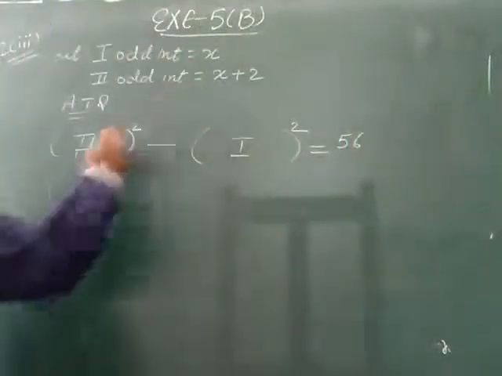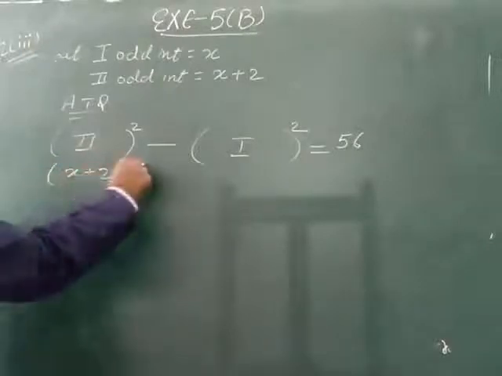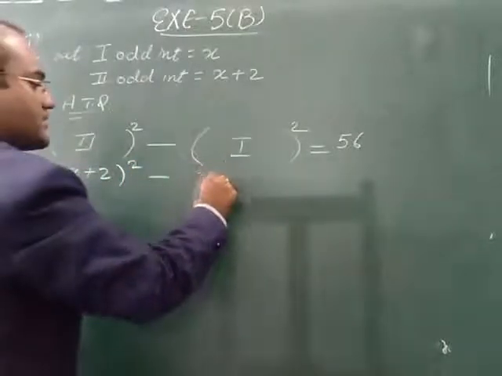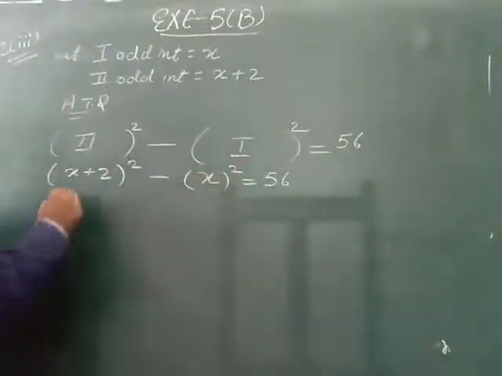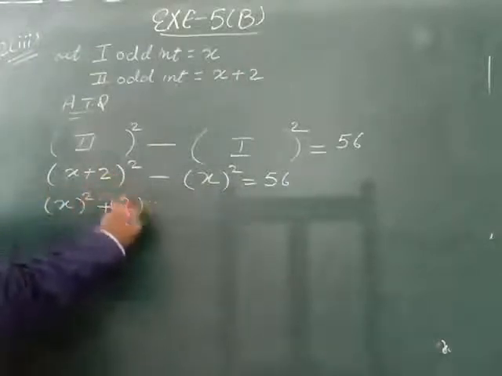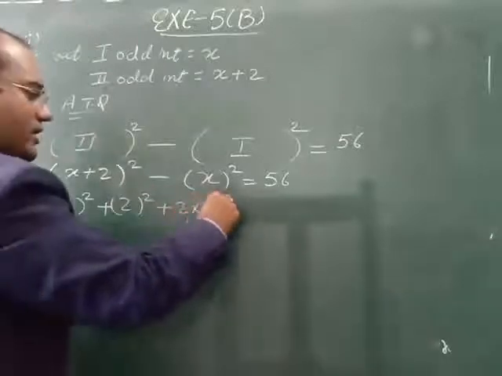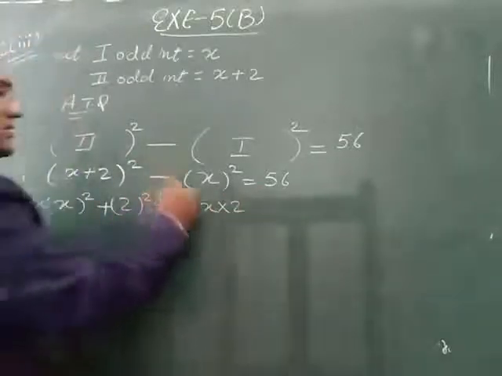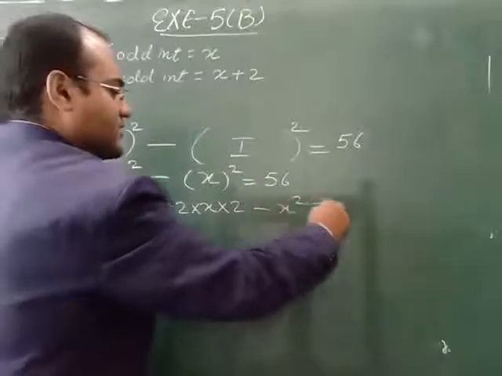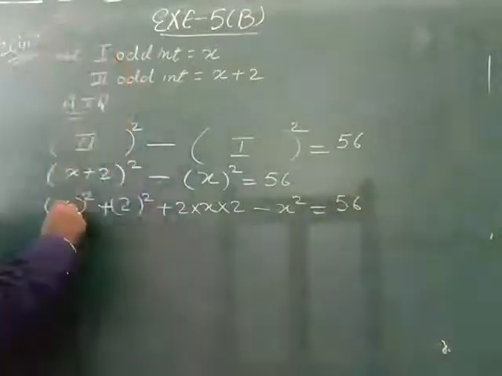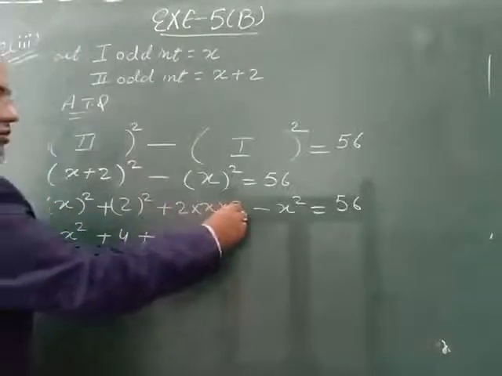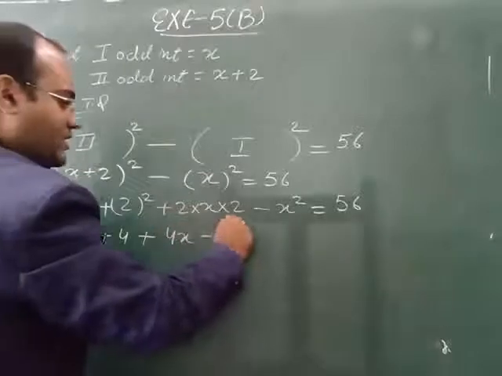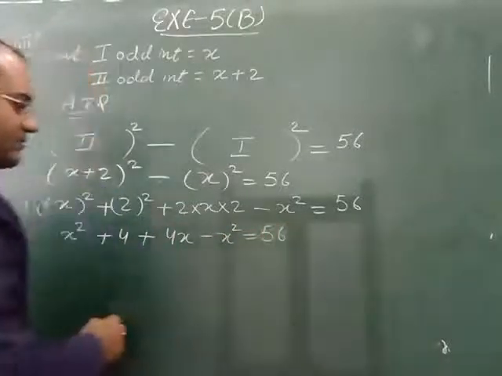Now the second number is (x plus 2) whole square minus the first number (x) whole square is equal to 56. Now here we use the formula (a plus b) whole square: a square plus b square plus 2ab, minus x square, equal to 56. x whole square will be x square. 2 whole square will be 4. 2 into 2 is 4, into x, 4x, minus x square is equal to 56.